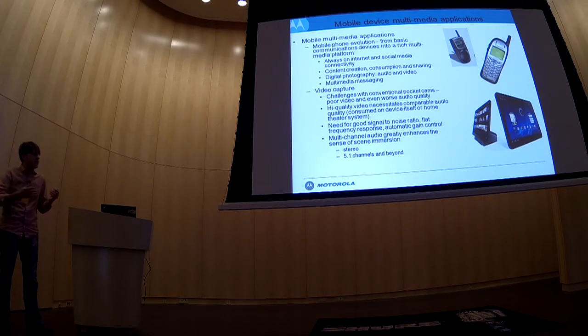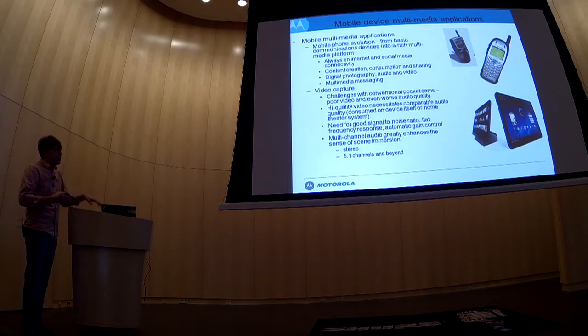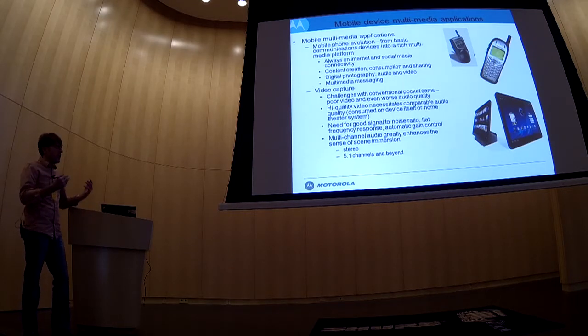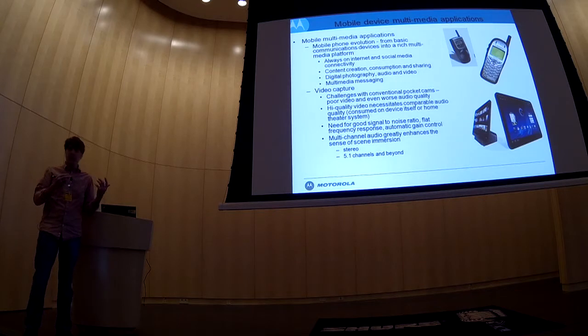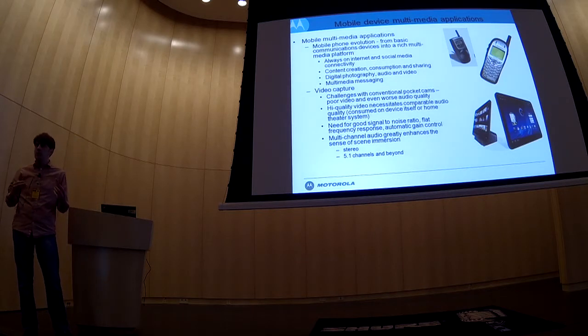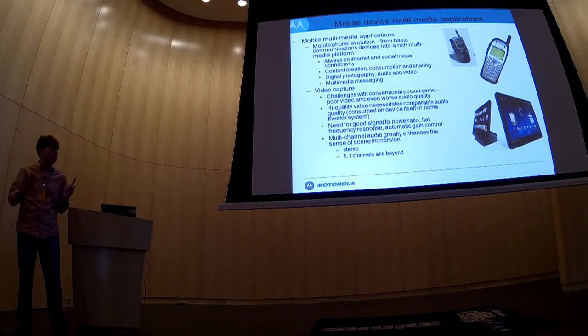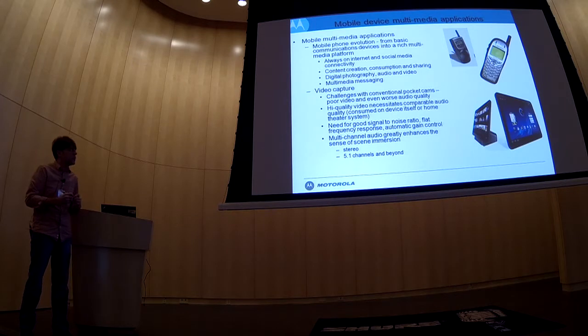All of that meant that we started seeing the need for proper audio. Not only were we getting good video, which now became cheap, as sensors became available, but all of a sudden we have a need for really good quality audio to go with that high quality video.